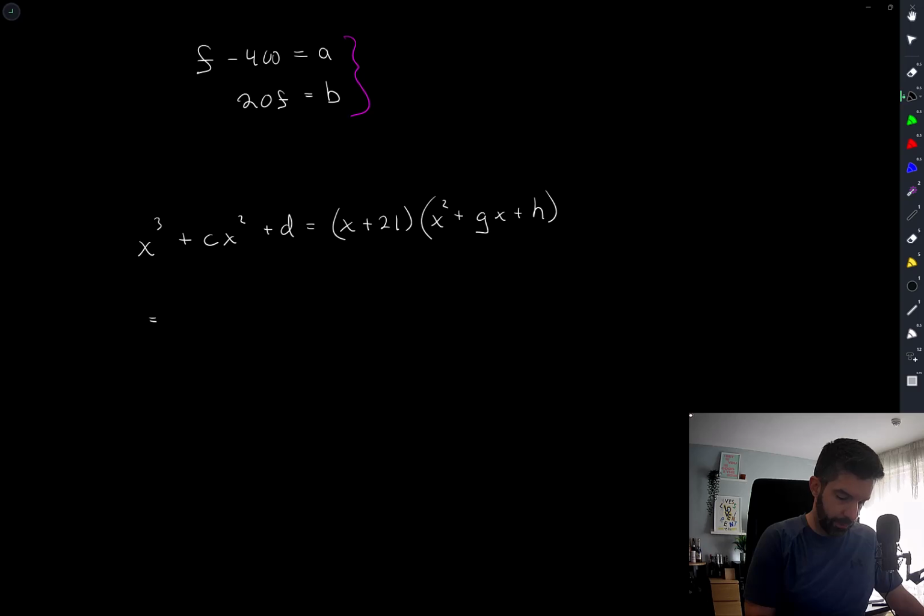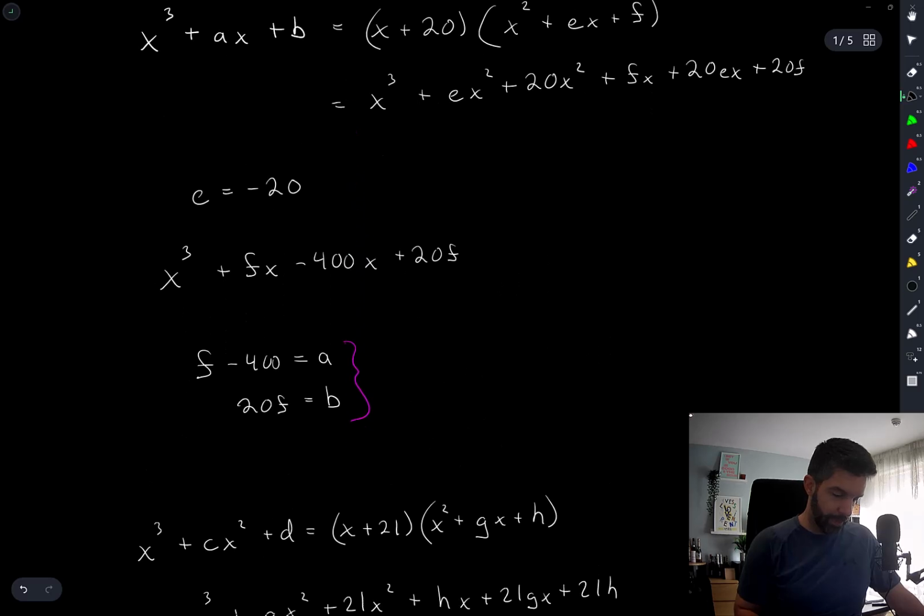So that's x cubed plus gx squared plus 21x squared plus hx plus 21gx plus 21h.